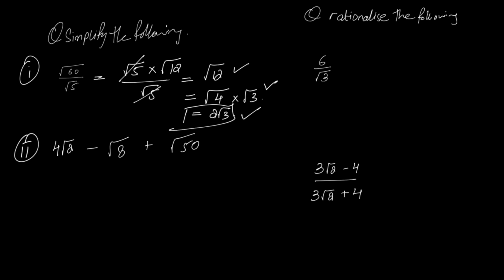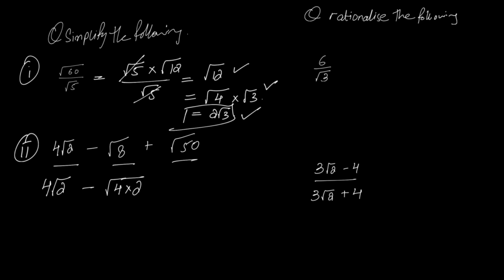Okay, in this case we can see that none of them are similar, none of them are being multiplied. So what do we do? Okay, so we simplify each and every one of them. So we can make this into root 4 into 2, right?